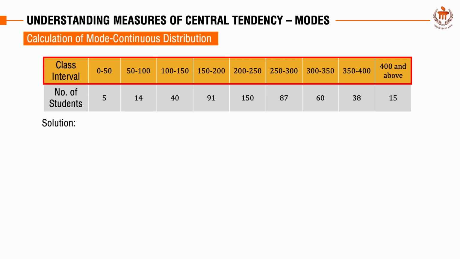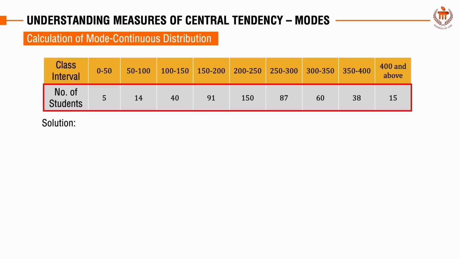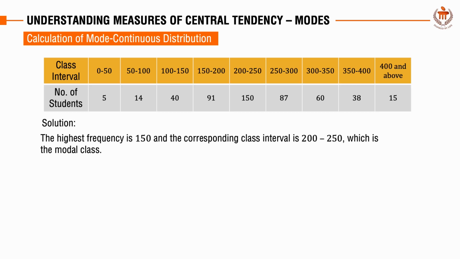The frequencies are 5 between 0 to 50, 14 between 50 to 100, 40 between 100 to 150, 91 between 150 to 200, 150 between 200 to 250, 87 between 250 to 300, 60 between 300 to 350, 38 between 350 to 400, and 15 for 400 and above. Imagine this data is given to us and we have to calculate the mode.